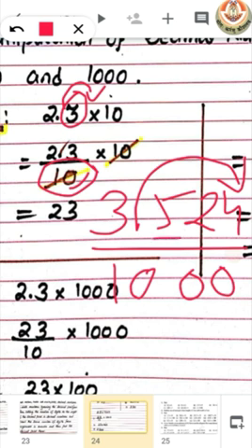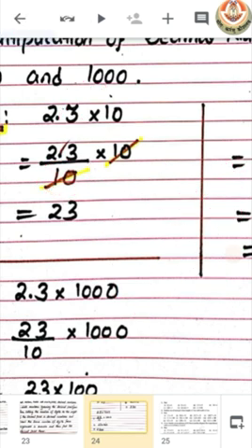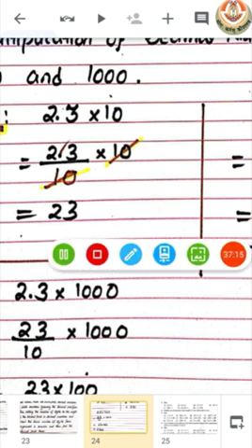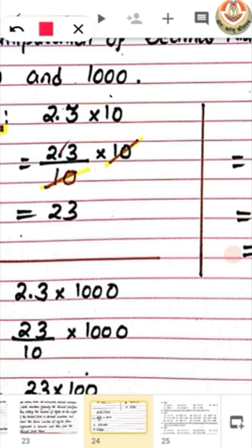Meaning, by however many digits we have to shift the decimal point, that many 0s with 1 will be placed in the denominator. Now here, after shifting the decimal point, we have 23 upon 10 multiplied by 10. So 10 and 10 cancel out, and we get our answer 23.